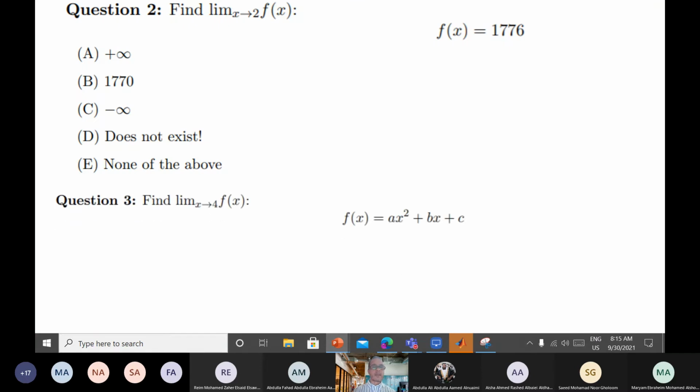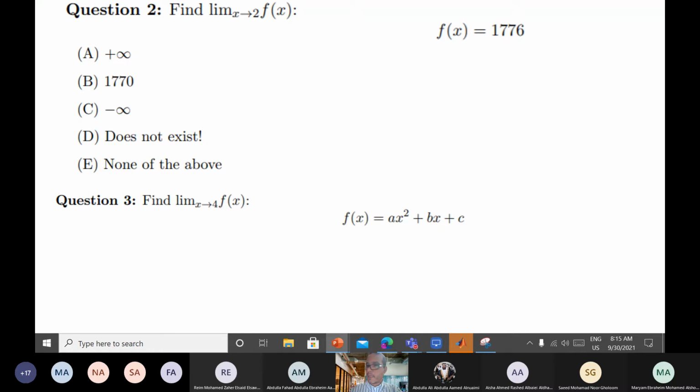Find the limit when x tends to 4 for f of x equal to ax squared plus bx plus c. You're supposed to have a paper and pencil and calculator in the exam or at the lecture also. X tends to 4 for f of x.